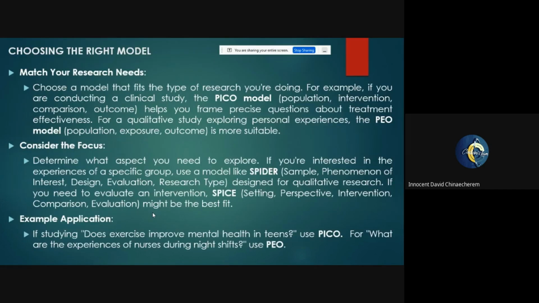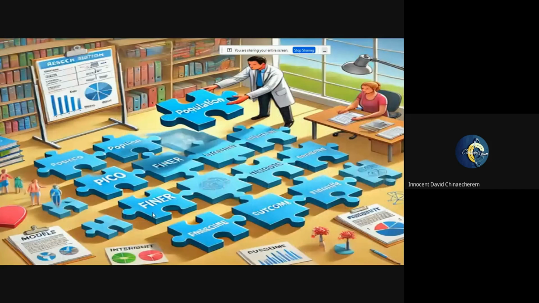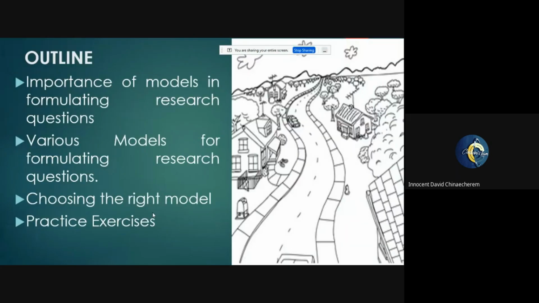So before we call it a day, I would just like to have a rundown of literally everything that I've talked about today. I introduced the outline when I started this session, that we'll talk about some of the importance of using models in formulating your research question, right? And we made it very clear that we've got various models for formulating our research questions, and it's very imperative for us to choose the right models.